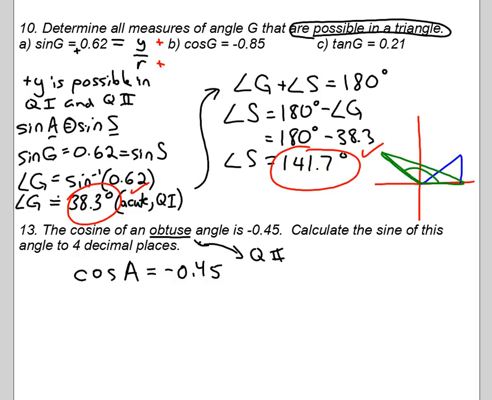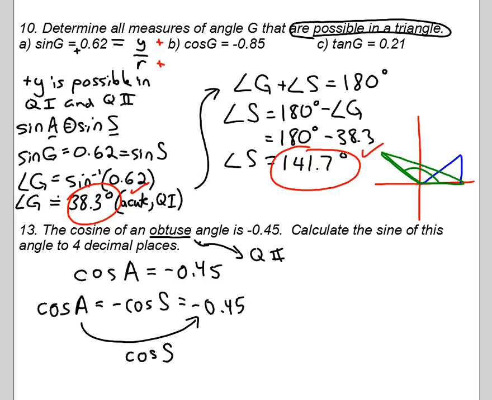So we can approach this a couple ways. We can either say that the cos of A is the opposite of the cos of its supplement, which is negative 0.45. This is still equal. We could then say that the cos of the supplement, well, I don't want to say two negatives make it positive, but it works here.